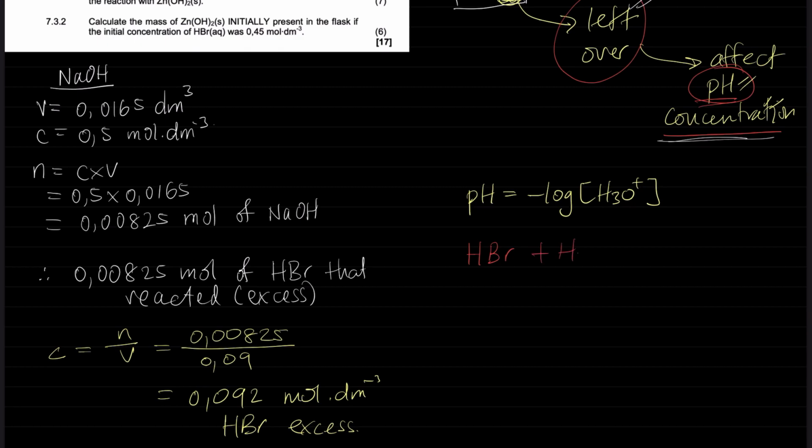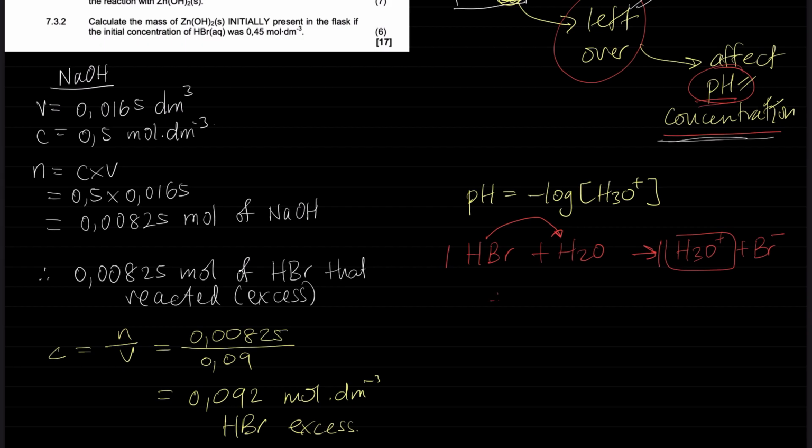Let's do that. And when it reacts with water, it's going to donate a hydrogen because it's an acid. So you'll get H3O plus and Br minus. Now what we're interested in is the H3O plus. The ratio between the HBr and the H3O plus, in this balanced equation, is 1 to 1.